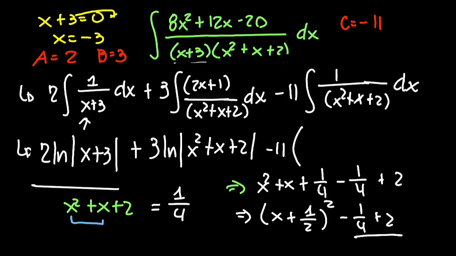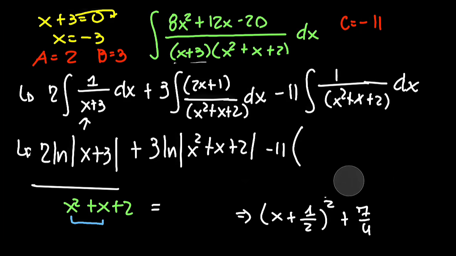By combining these two together, you would have a value of 7 over 4. Now, just rewriting this, this would be x plus 1/2 squared plus 7 over 4.